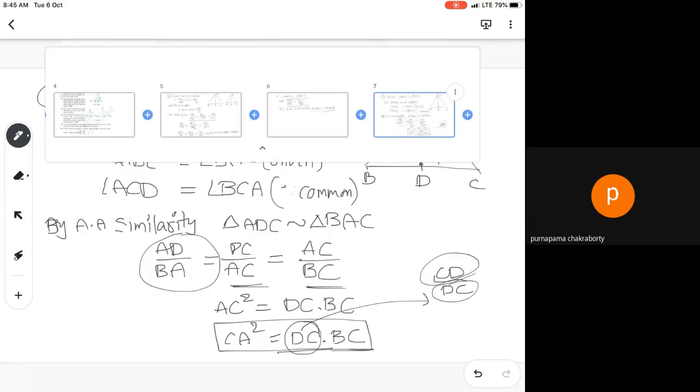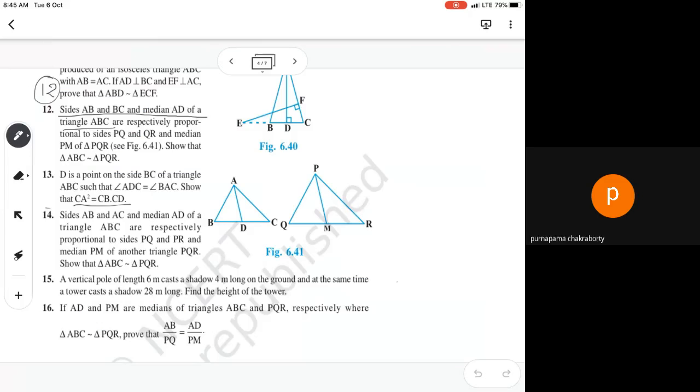Now let us understand the 14th problem, which is very important also. See the question here. What is the difference between the 12th and 14th? Note this. In the 12th, triangle ABC and PQR are given, just a rough diagram.